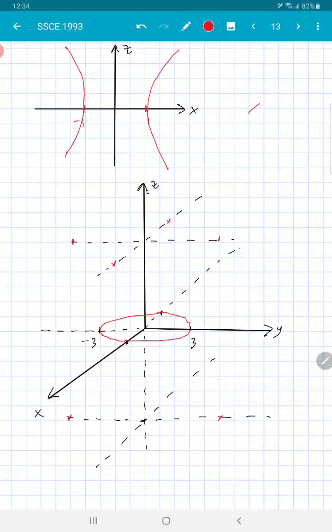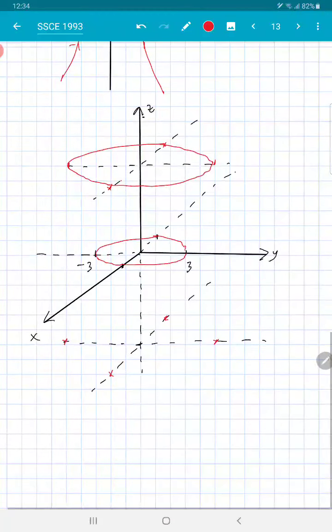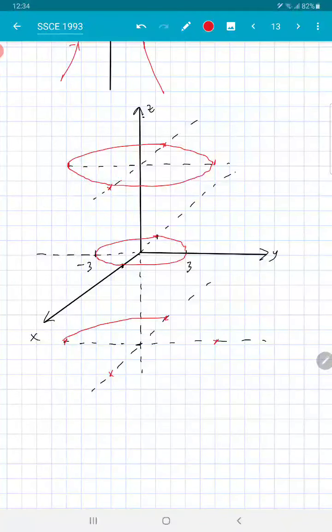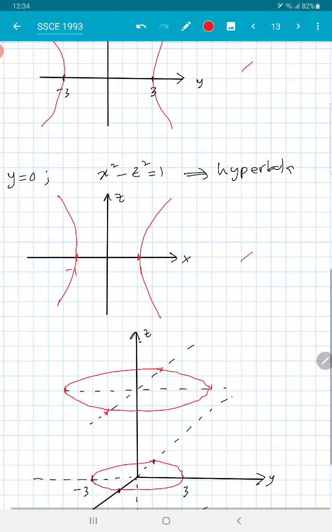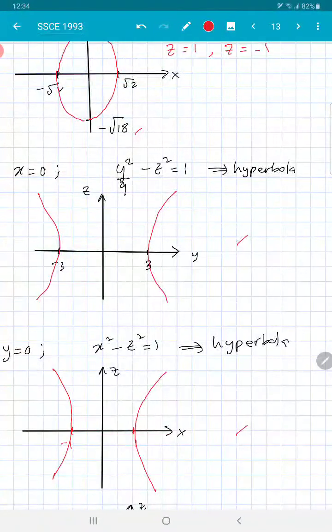And here as well, and here. So we have the same size of ellipse on z equals 1 and negative 1. Is that the same size? Okay, more or less.